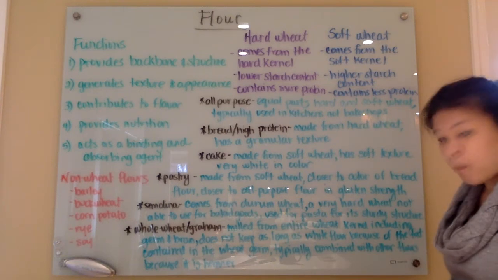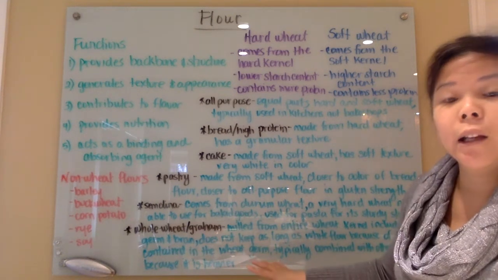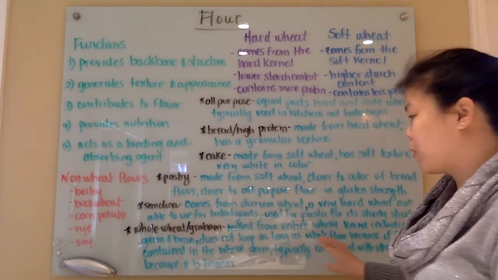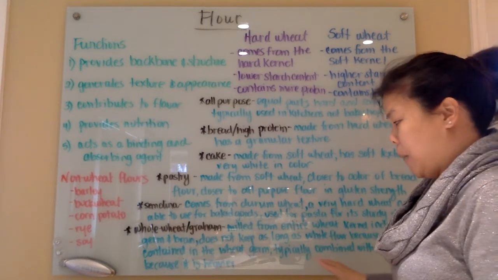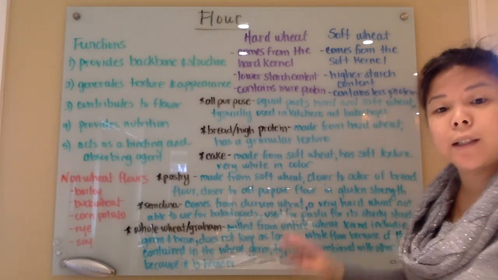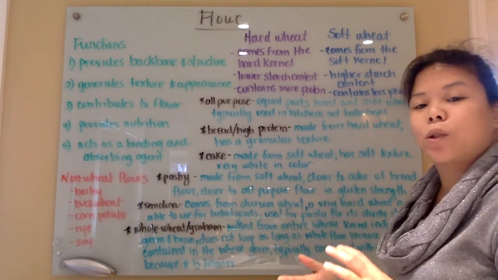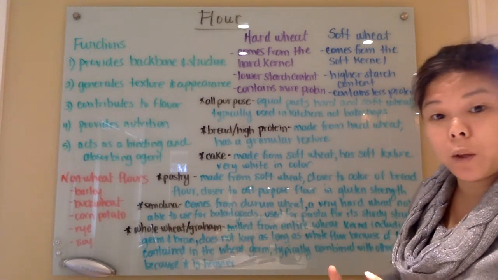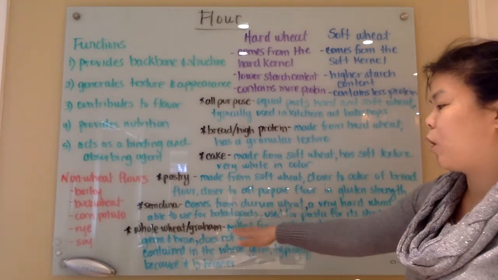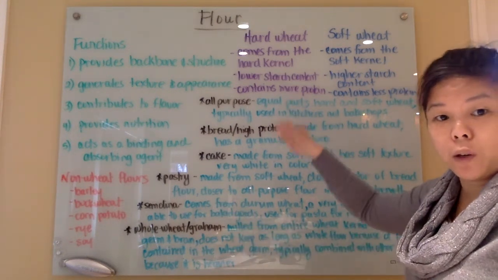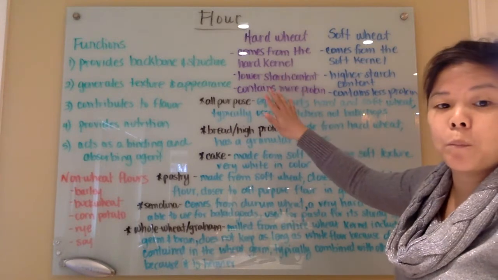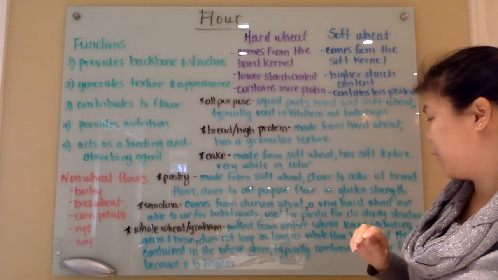Whole wheat flour does not last as long, and that's partially because the wheat germ has a higher fat content, so it tends to spoil much quicker than a regular all-purpose or bread, cake, or pastry flour.